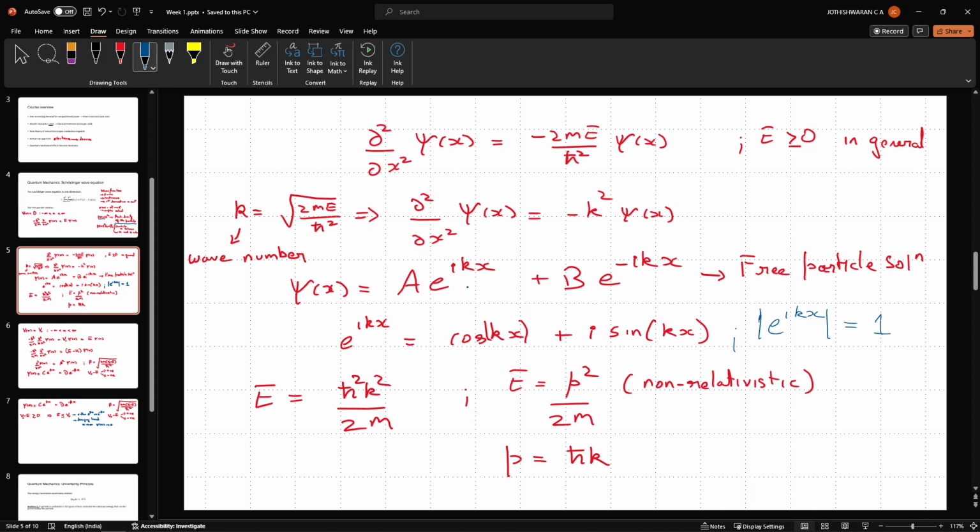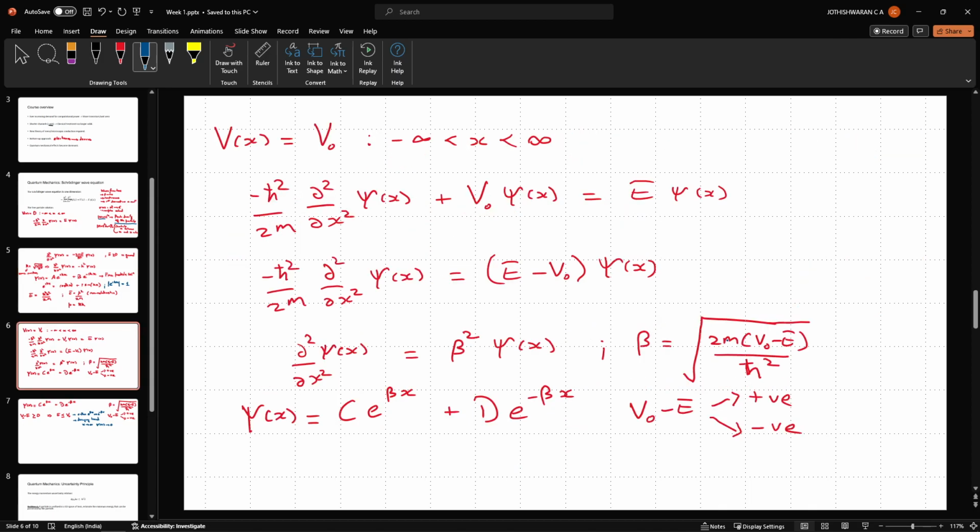So the absolute value of this wave function will depend on the values of A and B, and it will be 0 if and only if both A and B are 0. But if A and B are both 0, then the wave function itself will become 0. So this quantity in general is either 0 everywhere on the x-axis, or 0 at only particular points or particular regions.